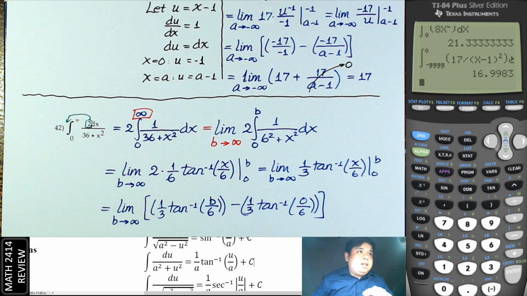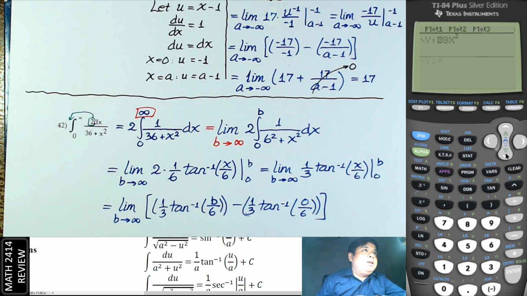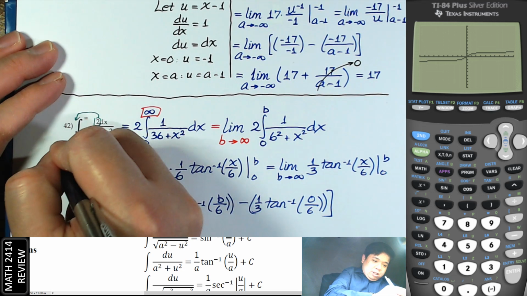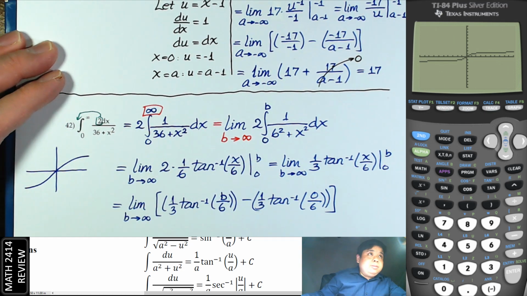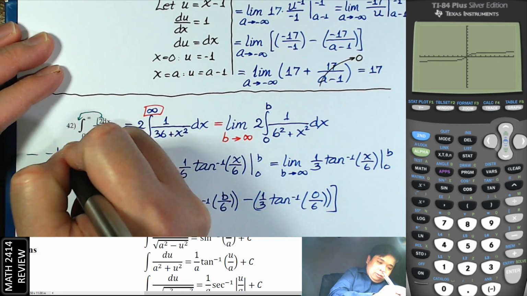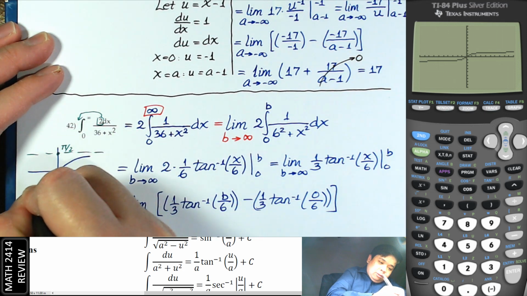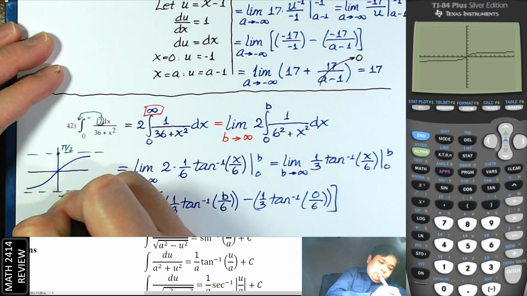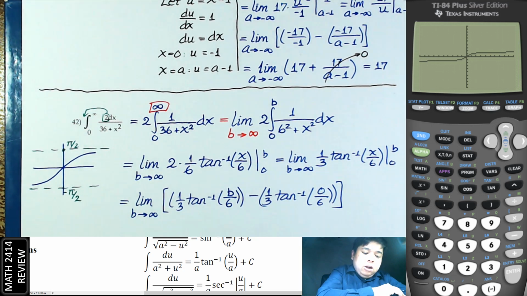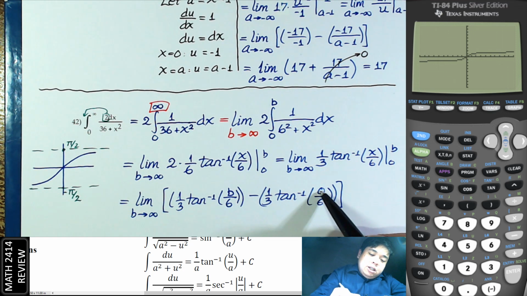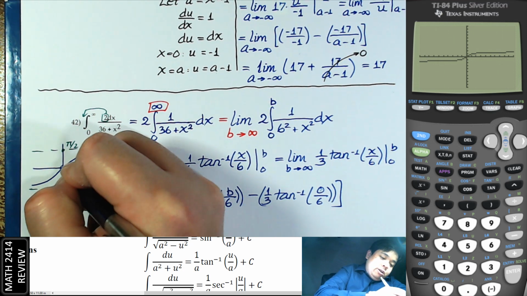Right. Now what is the graph of the tangent inverse? Tangent inverse of x. Alright, so it is like that. At 0, tangent inverse of 0 is 0.